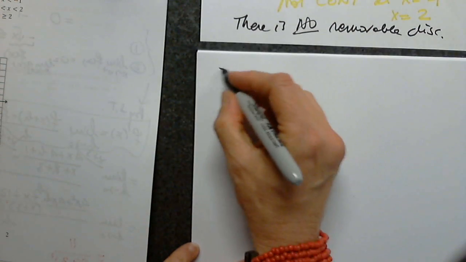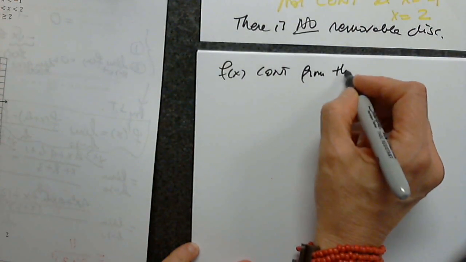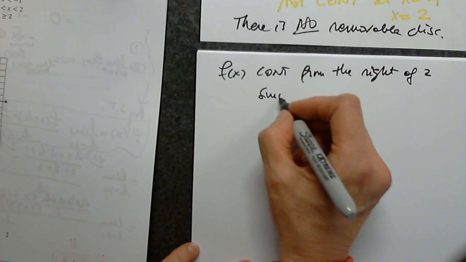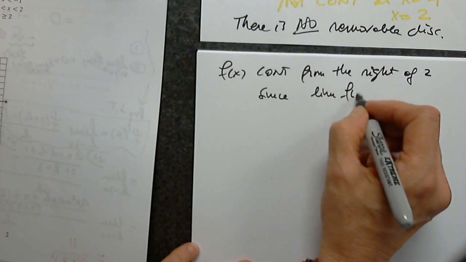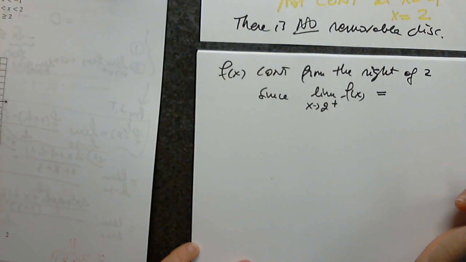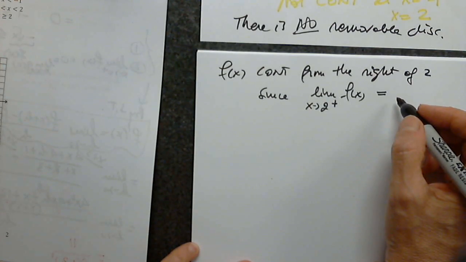So f of x is continuous from the right of 2, since the limit of f of x as x approaches 2 from the right equals, for sure, no, that's not continuity.